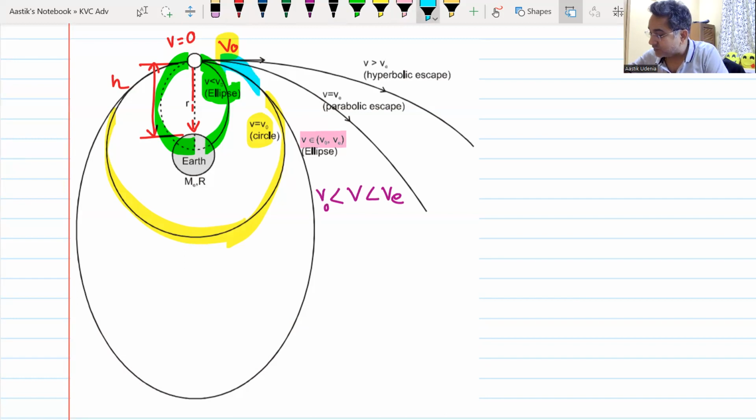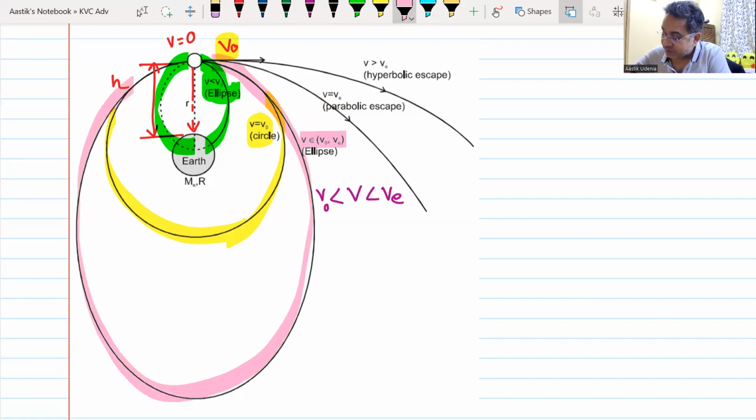Then it starts to orbit around Earth in an elliptical orbit, and Earth is at its nearer focus. It will keep on revolving around Earth in an elliptical orbit. Eccentricity is less than 1. In the first case, when the velocity is less than the orbital velocity, Earth is at the farther focus, so it will fall back on Earth, following an elliptical path, that green path. Do we understand this?